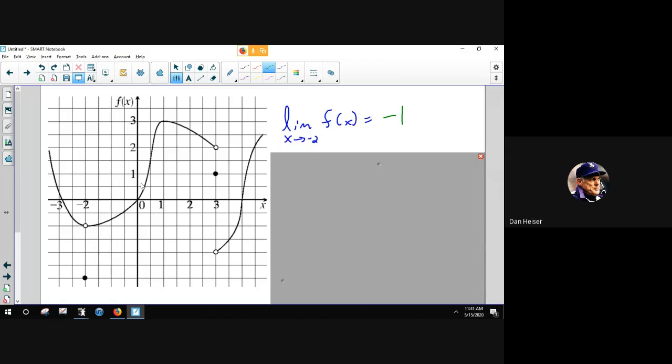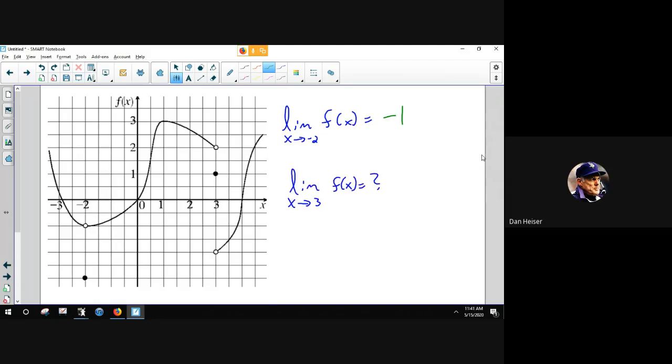Now, you've been noticing that I've been going from both sides. Why is that a big deal? Because now we're going to approach 3. From this side, approaching 3, y is getting closer and closer to -2.